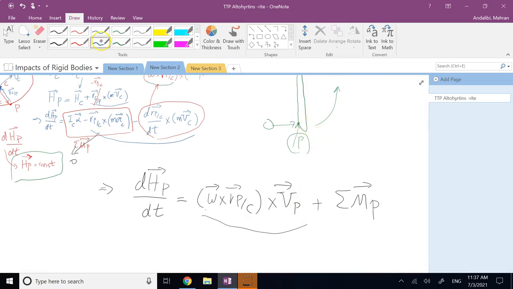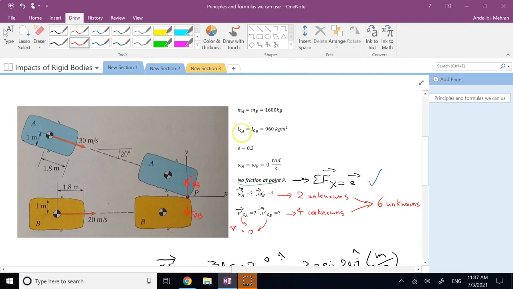Since V of P is not 0, the only thing you can do is this omega. And in this case, before impact, both objects have no omega. So none of the objects is rotating before impact.